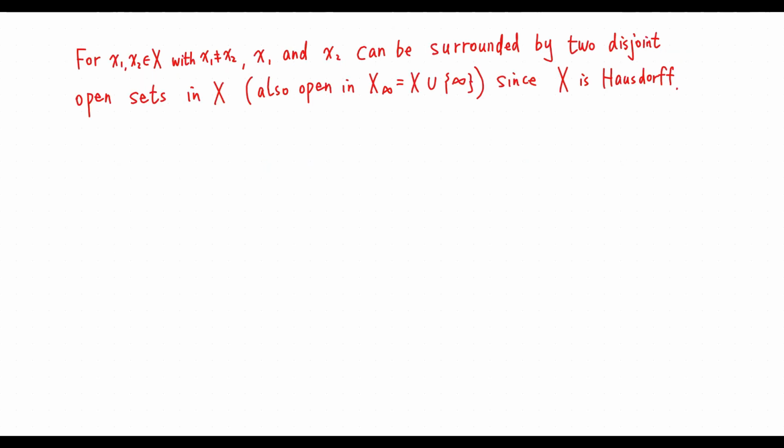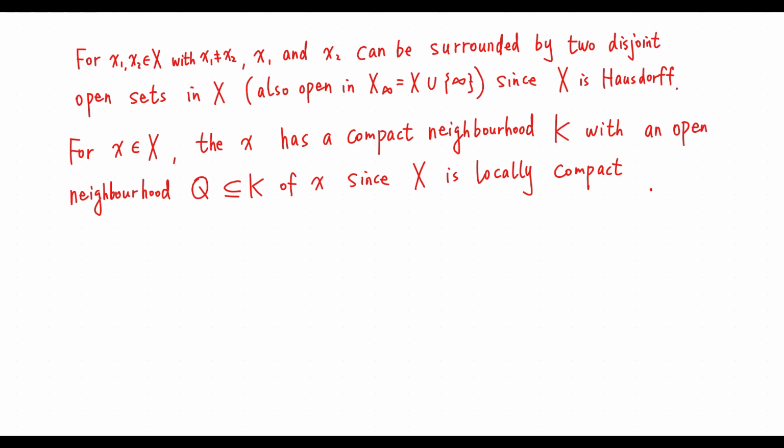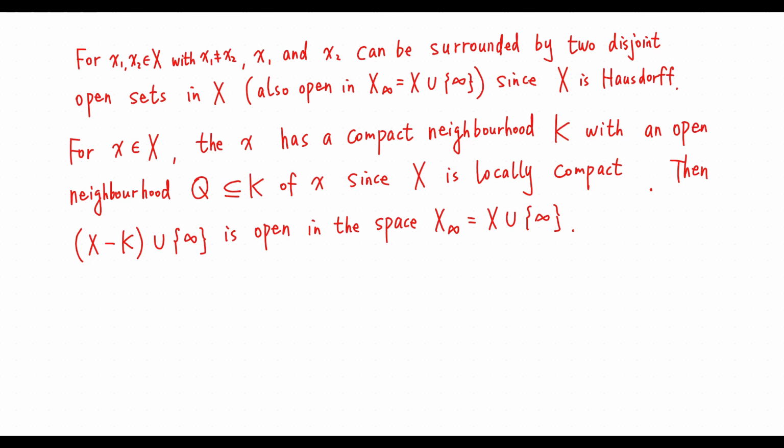For two different points x1, x2, x1 and x2 can be surrounded by two disjoint open sets. For every point x in the space X, the point x has a compact neighborhood K with an open neighborhood Q contained in K. Then we get an open subset of the space X infinity, and the point infinity is in this open set.